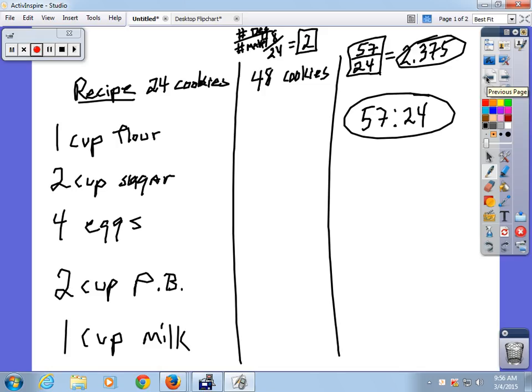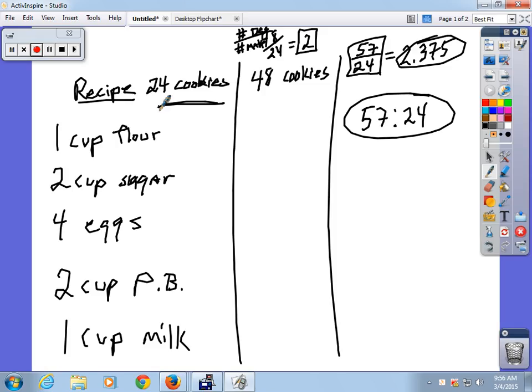If I give you a recipe for 24 cookies, and it consists of 1 cup of flour, the main ingredients, 1 cup of flour, 2 cups of sugar, 4 eggs, 2 cups of peanut butter, and 1 cup of milk. And that makes 24 cookies. Subtract the little pinch of salt, a little bit of this, and vanilla and all that, but just the main ingredients.